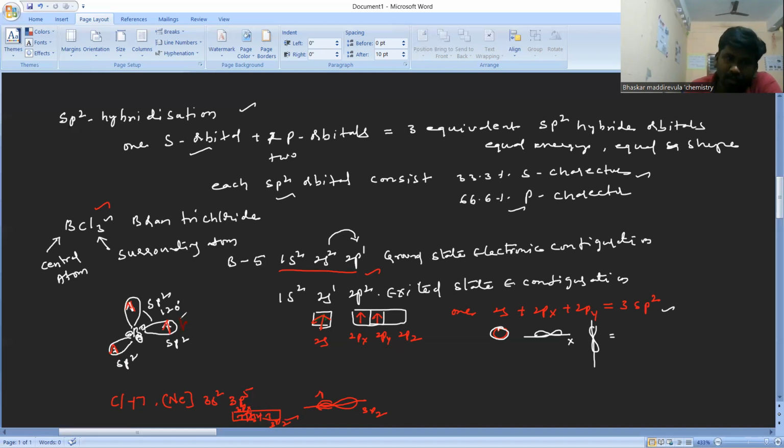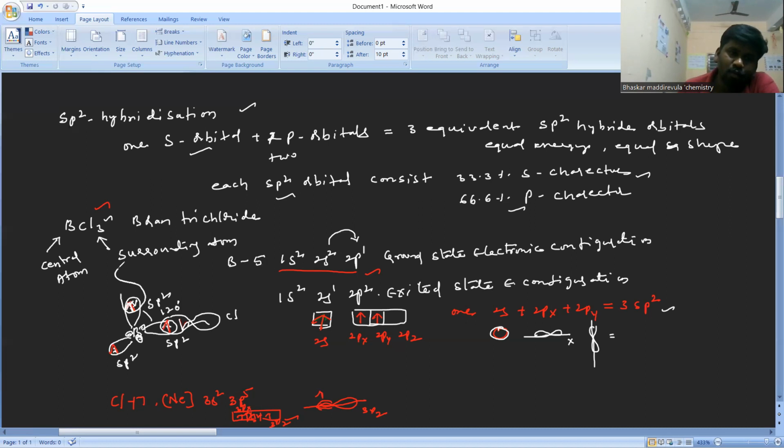Here one chlorine, and here one more chlorine overlaps with the 3pz orbital, and the electrons will be paired up with opposite spin.